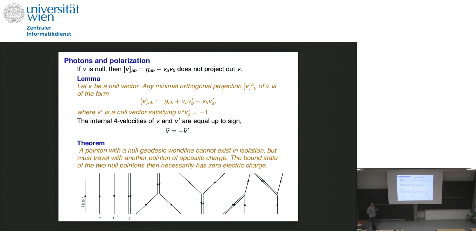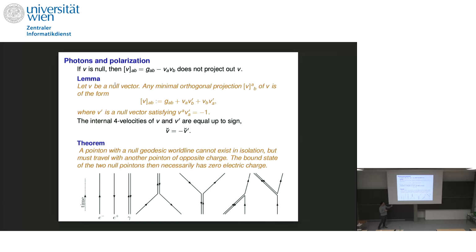Okay, so the theorem then is that a pointon with a null geodesic world line cannot exist in isolation. So it has to be paired with another pointon, and it has to be paired with another one of opposite charge. So this is a theorem. And the bound state of the two null pointons then necessarily has 0 electric charge. So this very naturally leads to some identifications where we say, okay, a pointon is like an electron.